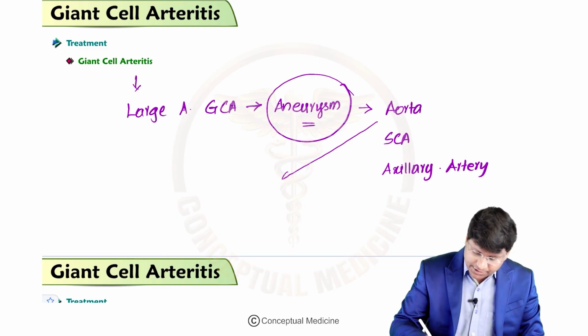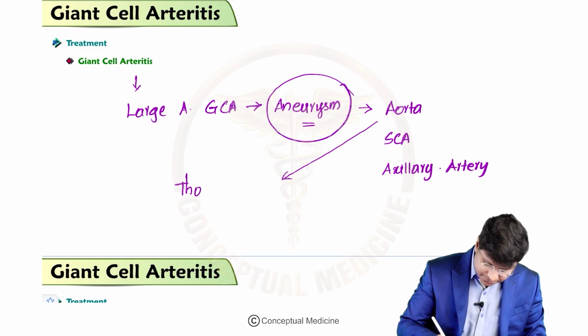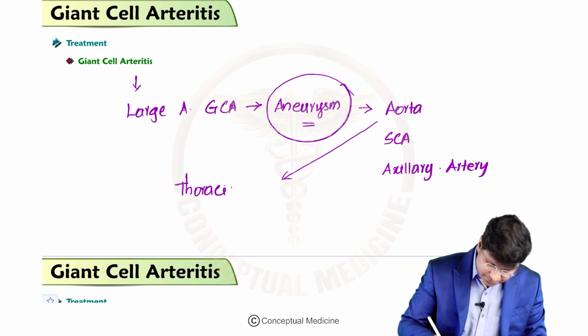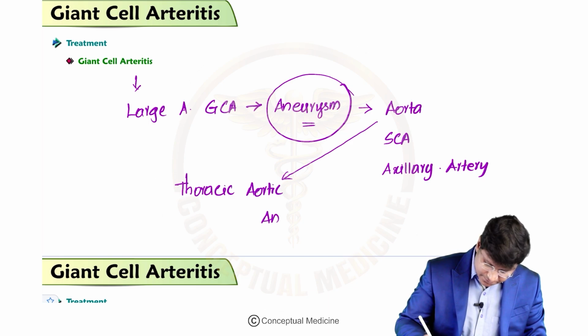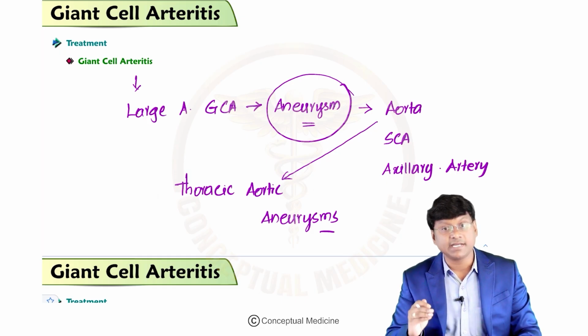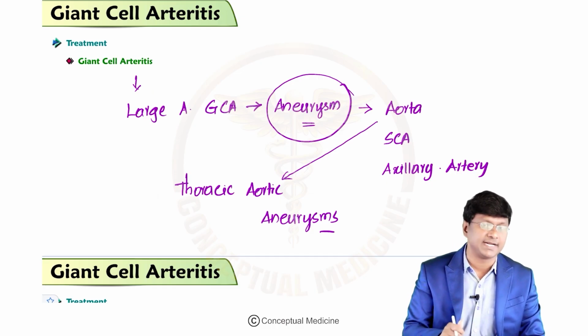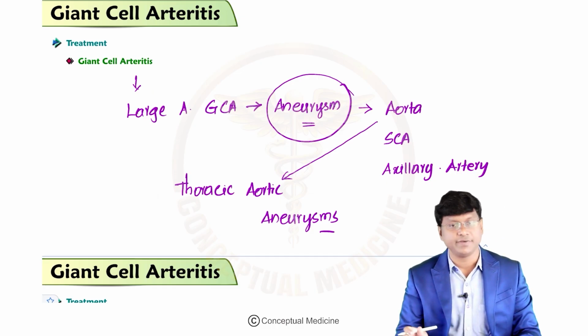Of these, thoracic aortic aneurysms occur 17 times more frequently in patients with giant cell arteritis than in normal individuals.